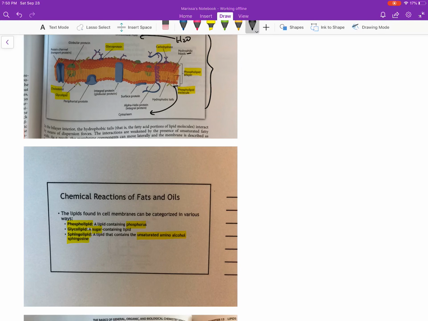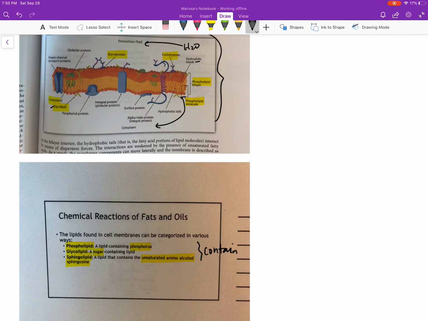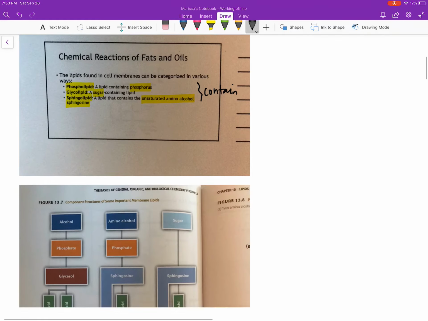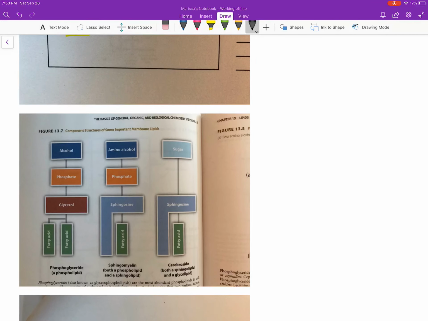Okay, so they're classified based on what they contain. So if we look up here, we had glycolipid. This is something that contains a sugar. Okay, phospholipid contains a phosphate.